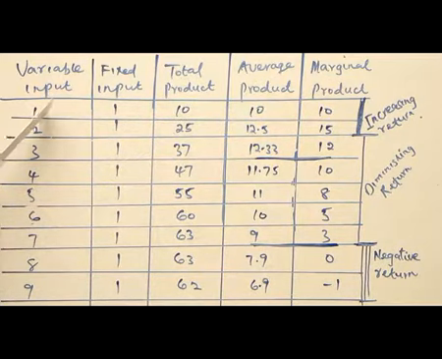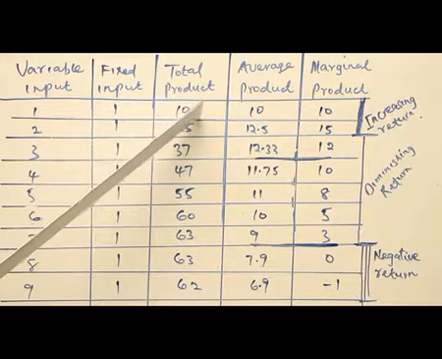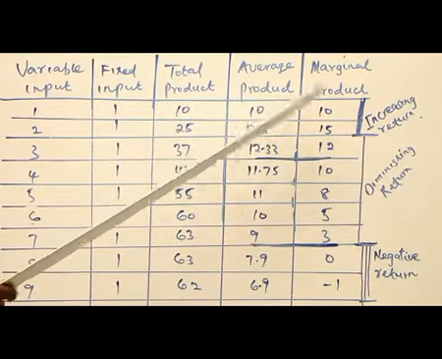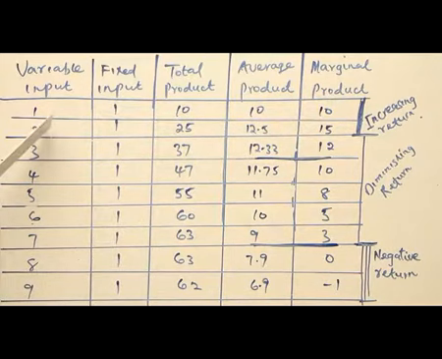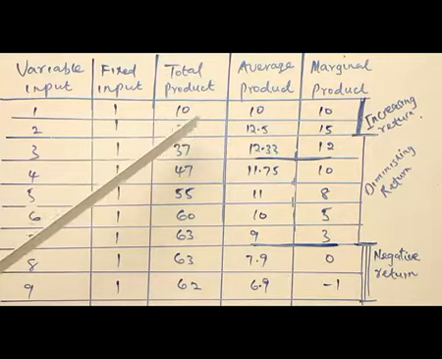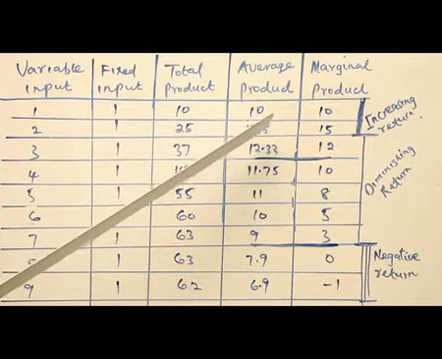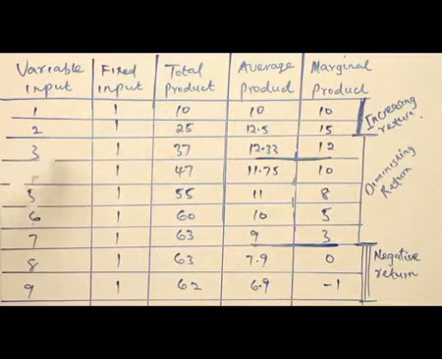When we have one unit of variable input with a given level of fixed input, the total product is 10. The average is 10, while the marginal also indicated 10. When we have two units of variable input with fixed input, we have total product 25, average product 12.5, marginal product 15. With three units, we have this, and so on and so forth.